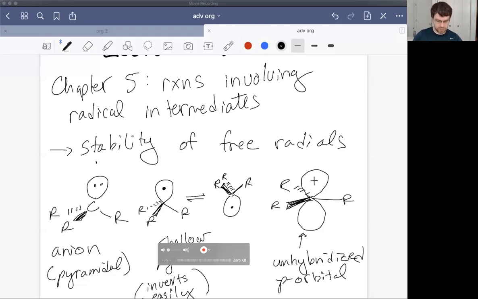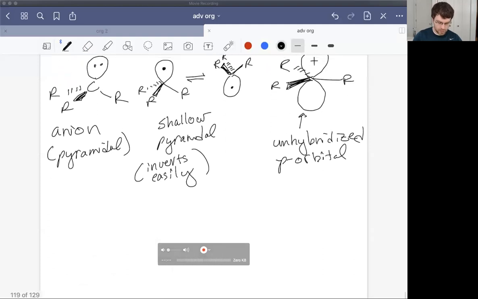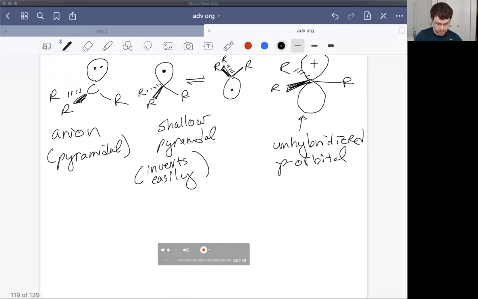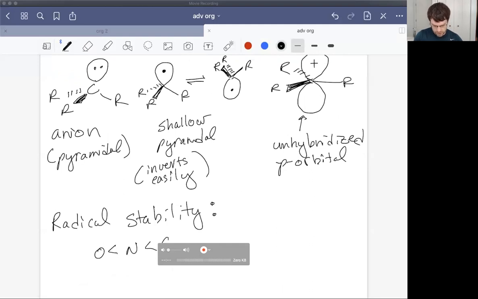Okay, so this is just a picture of what radicals will look like. What I want to get into now is radical stability. And it's not so much about what element you're attached to, though we could get into elements. Typically, it's nitrogen, then oxygen, and then carbon. So we see radicals are more stable on what seemingly is due to some electronegativity difference, and that may be the case.